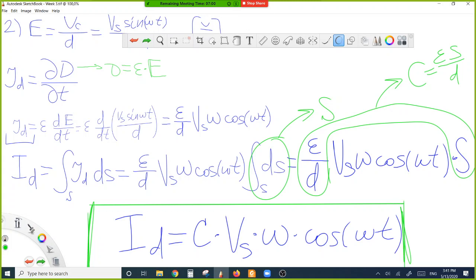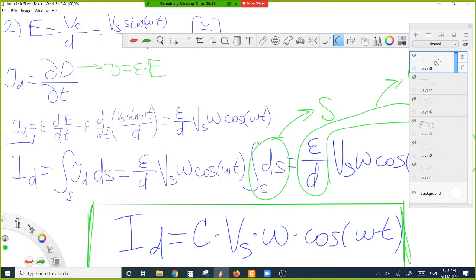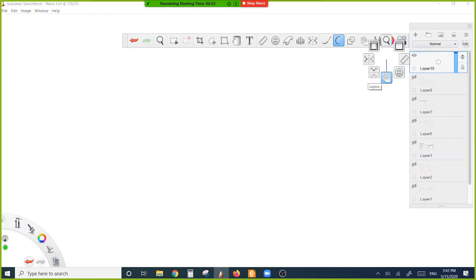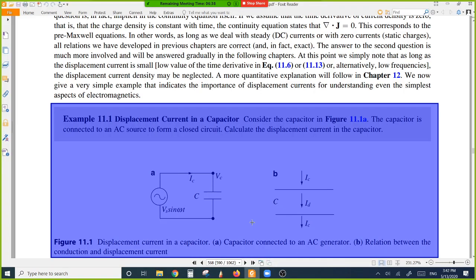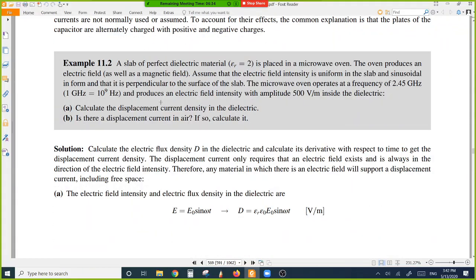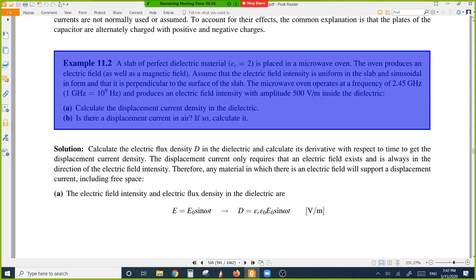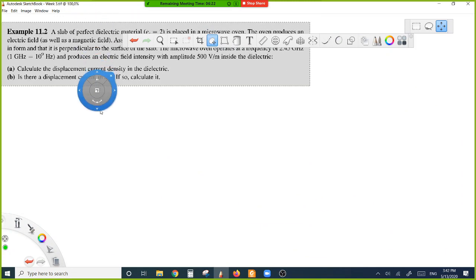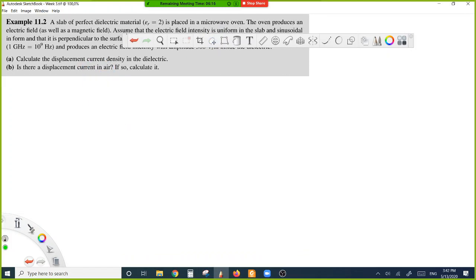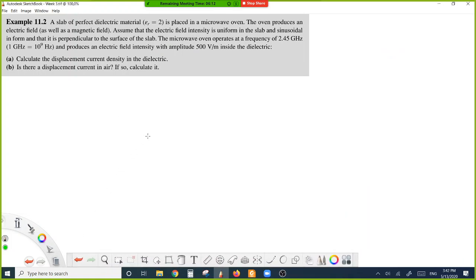Now we have another problem. The next problem is a slab of perfect dielectric material, with a relative permittivity of 2, placed in a microwave oven.